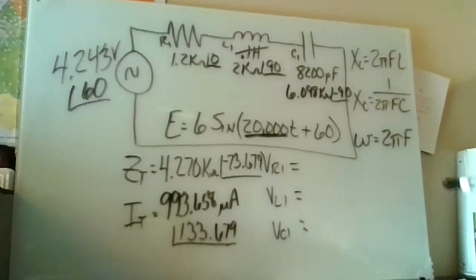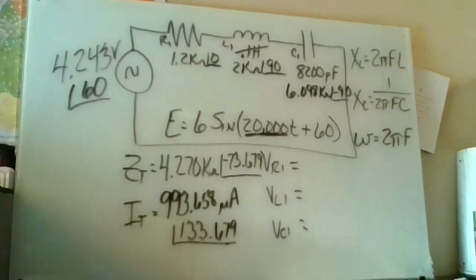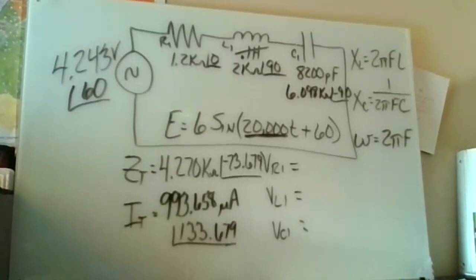If you're storing it as the whole number, you're going to be a little bit more accurate. I stored Z total and used the whole Z total. I didn't use 4.270K. I just stored it and then said my voltage times my impedance divided by my Z total.